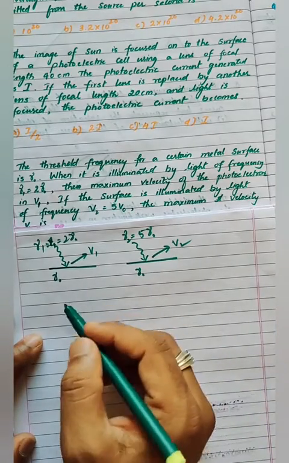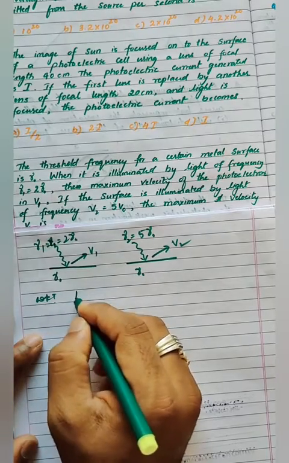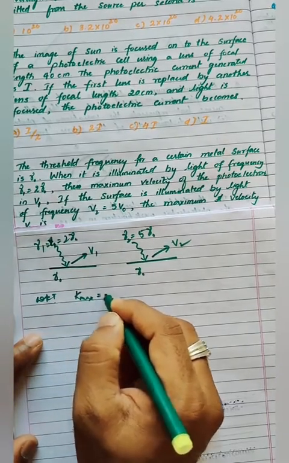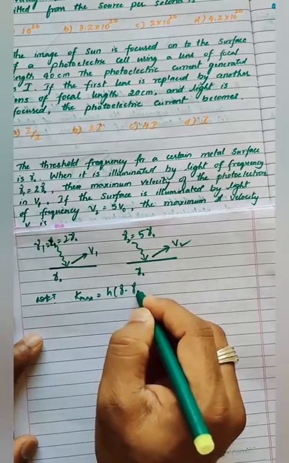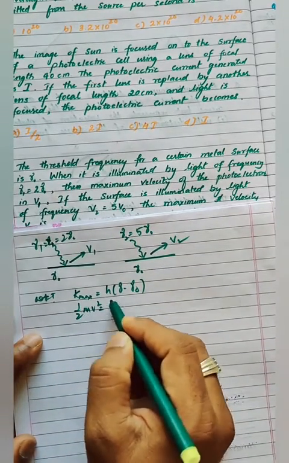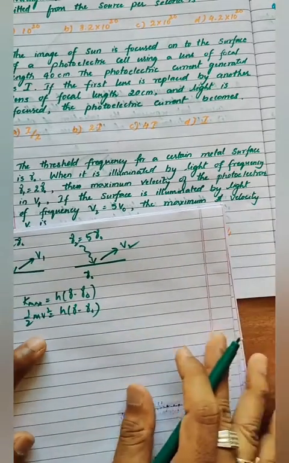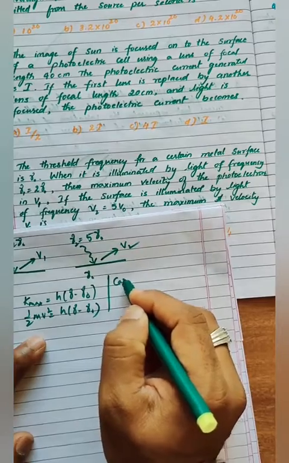Now we know that the general condition is K max equal to h times nu minus nu naught, correct? Or else half m v square is equal to h times nu minus nu naught. Now we'll see case 1.